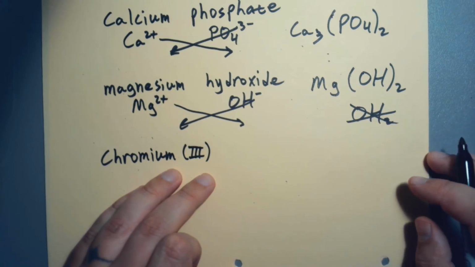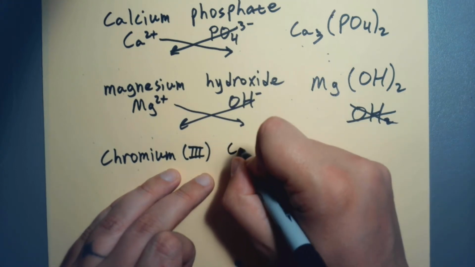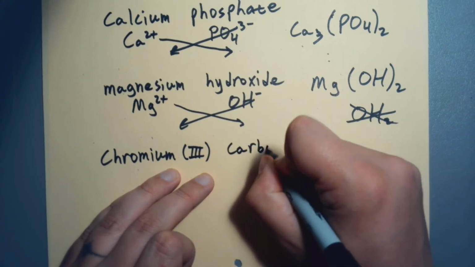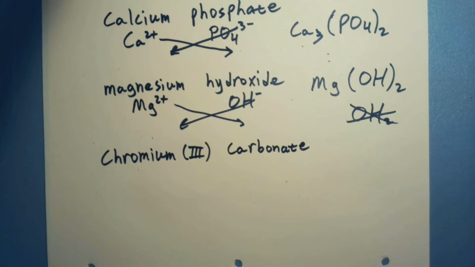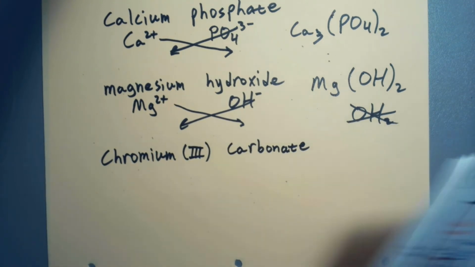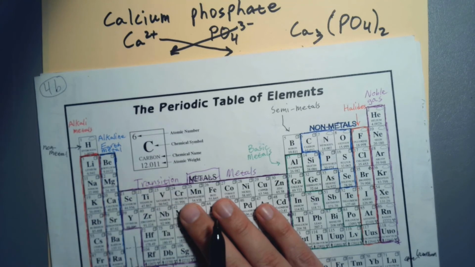Alright, so we have chromium 3, we need a polyatomic ion. How about, what have I not used so far? Carbonate. I don't know how stable this would be, but sure. Chromium 3 carbonate. Okay, well, pull up the periodic table. Uh-oh. We know it's Cr.